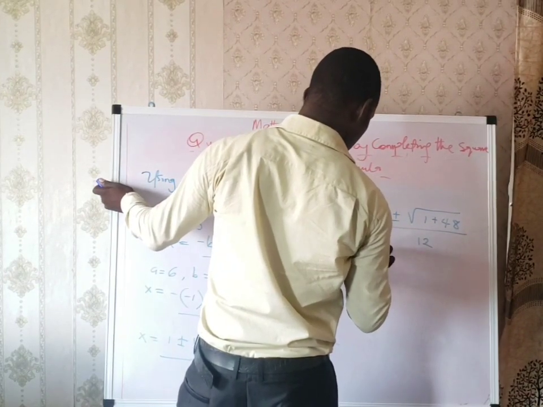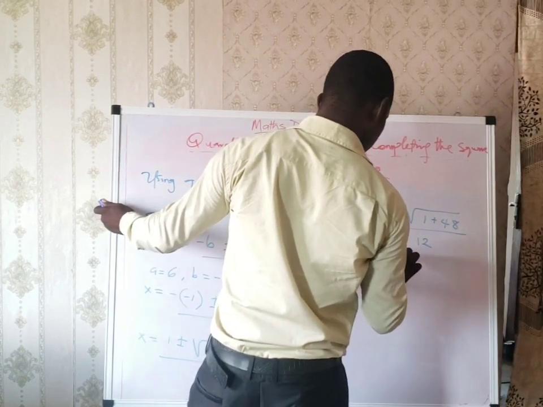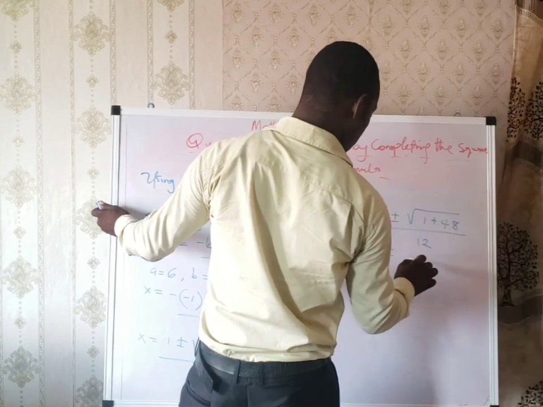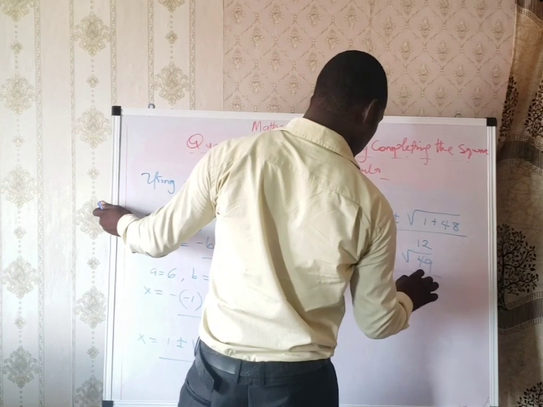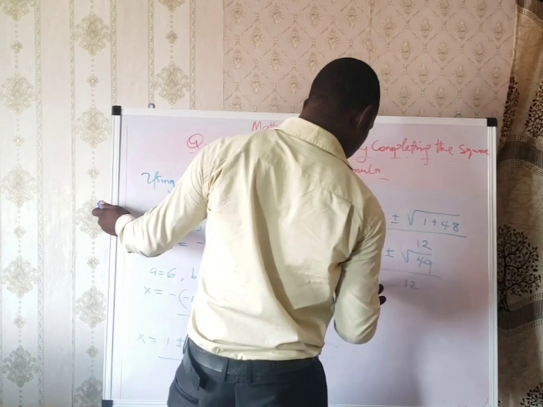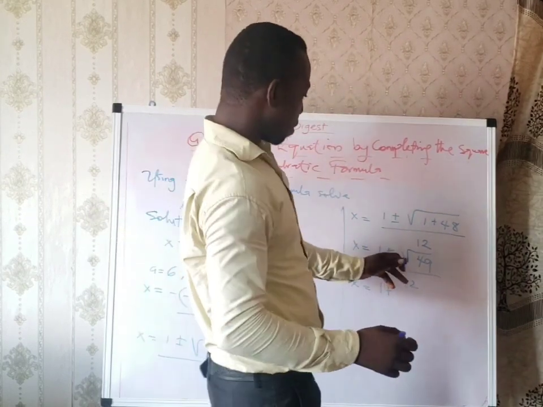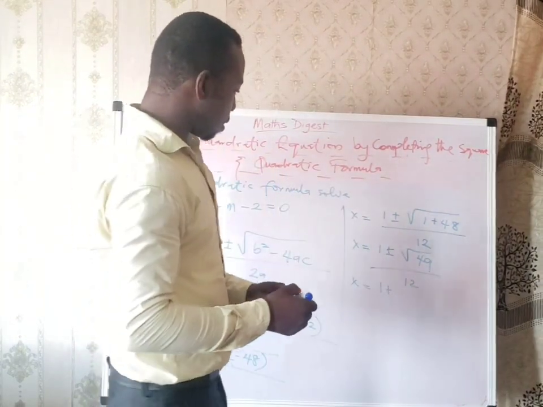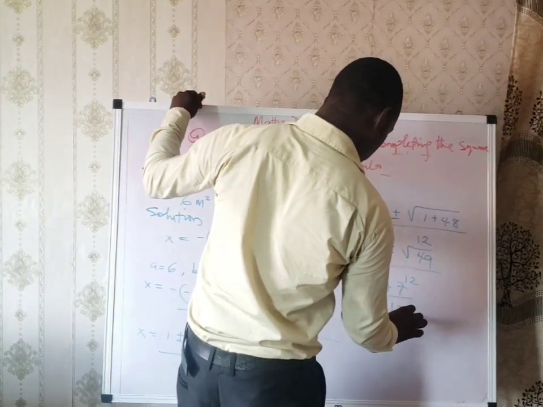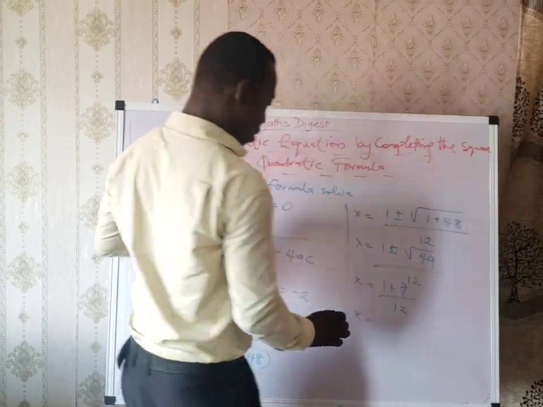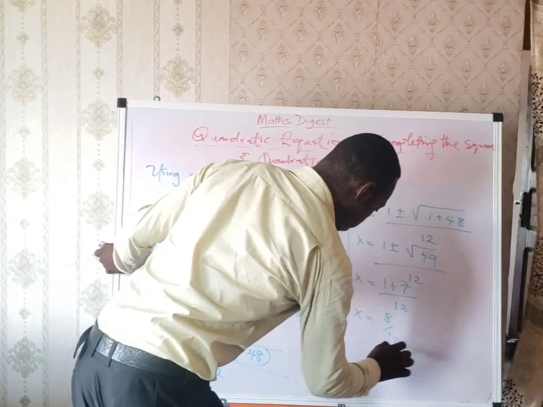So x is equal to 1 plus or minus, this plus this is 49, all over 12. Therefore x is equal to 1 plus, the square root of 49 is 7, so we have 7 here all over 12. x is equal to 1 plus 7 is 8, 8 over 12.